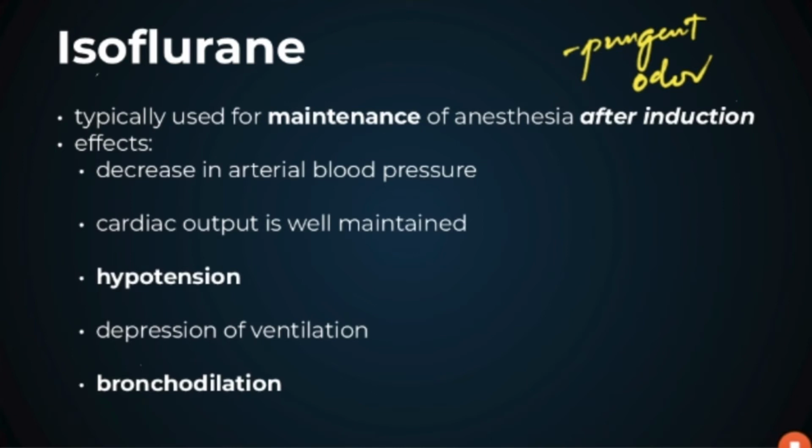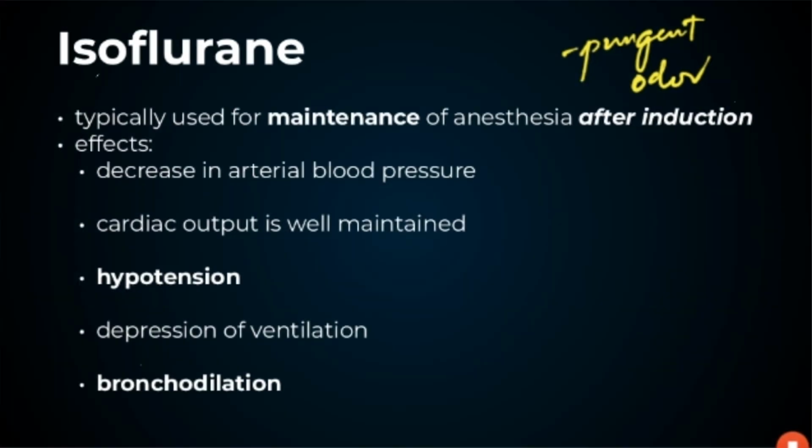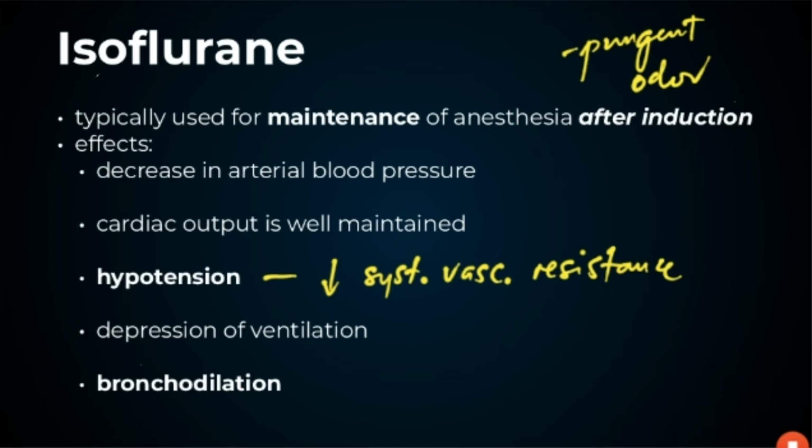It produces a concentration-dependent decrease in arterial blood pressure, but the cardiac output is well maintained. So hypotension is the result of decreased systemic vascular resistance. Isoflurane also produces concentration-dependent depression of ventilation, and it causes bronchodilation. It's a bronchodilator.